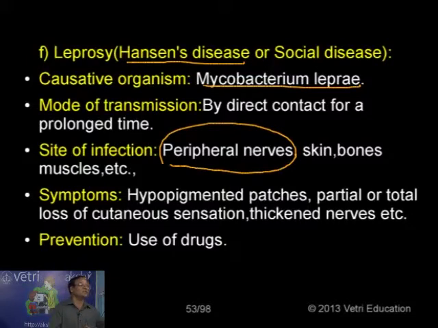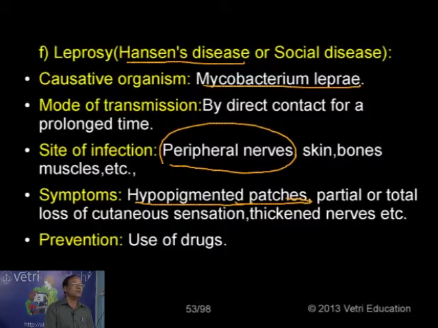As the skin is affected, one of the symptoms is how you can identify a leper. Patches that are lesser in color than the body color, white patches, are called hypopigmented patches. Also, at these patches, if you touch the area, you cannot feel any sensation.